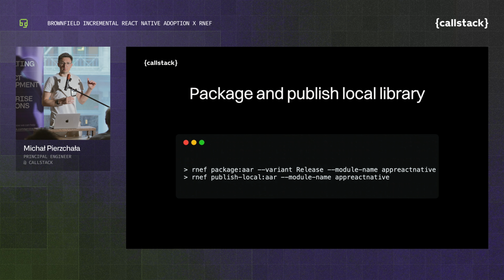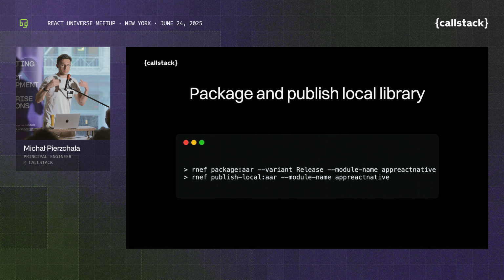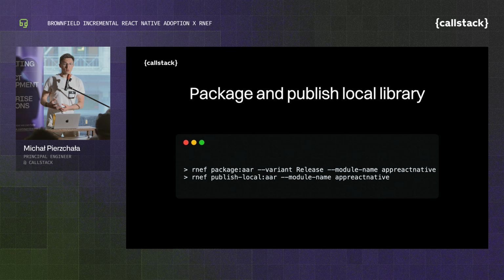So we install the React Native Brownfield package, and we run some commands that will create our app as something that we call a fat AAR library. It's like an Android package with resources, and then we will publish this artifact to a local Maven. I think it's called Maven Central, so that it's actually available for our Gradle scripts to download and link this artifact.